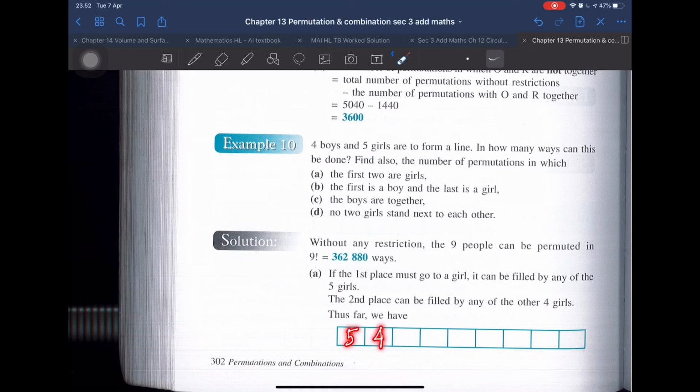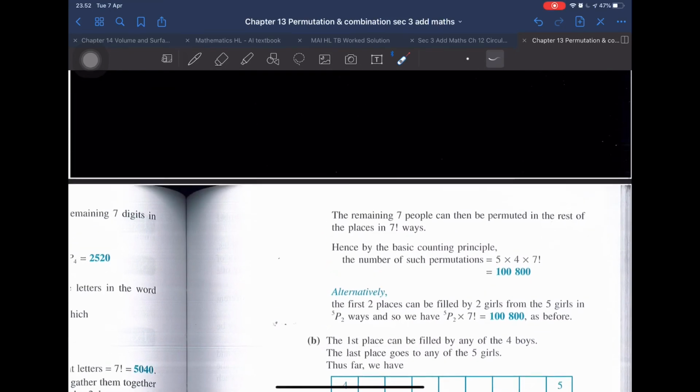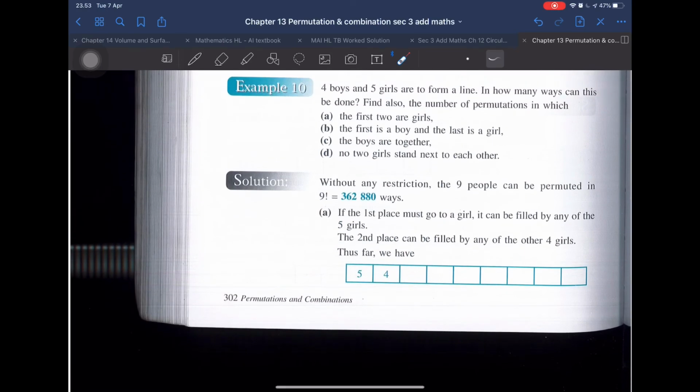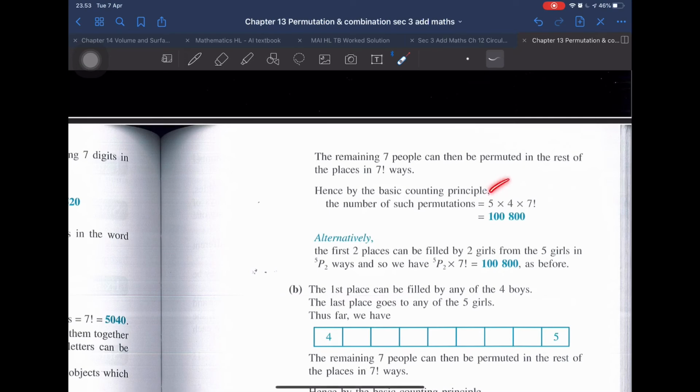Then for the second one, since 1 girl is already chosen, it's 4. Now we need to find the other 7. So 5 times 4, and then, since there are 7 other people that we select without any restriction, 5 times 4 times 7 factorial. It's going to be the same as below here.